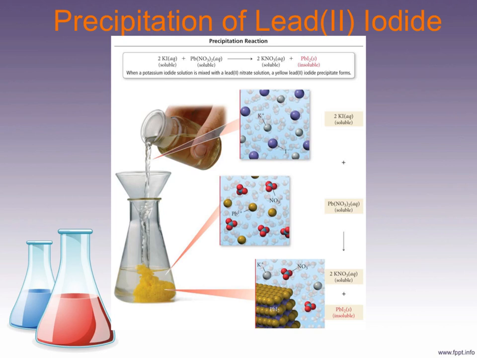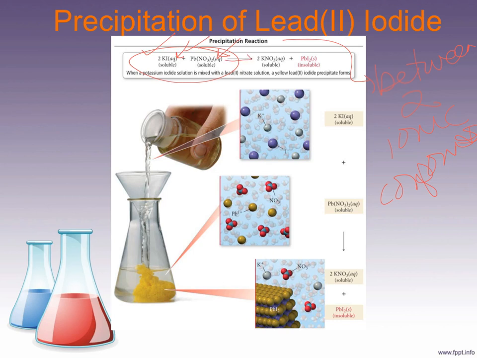So here's kind of a conceptual example. Again, precipitation reactions are always between two ionic compounds. So make sure you know how to identify ionics. In this case, potassium iodide and lead(II) nitrate. When you add them together, notice that there's AQ next to each of them, which means dissolved in water. So both of these ionic compounds are soluble in water.